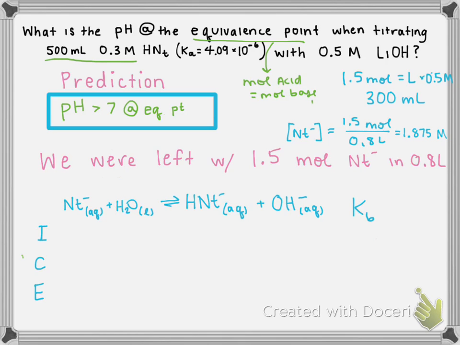So that's what we'll go ahead and put in for our initial amount. Disregard water as a liquid. We'll have neither of those to begin. So our change here will be minus x. And then we'll add x to both of these sides.